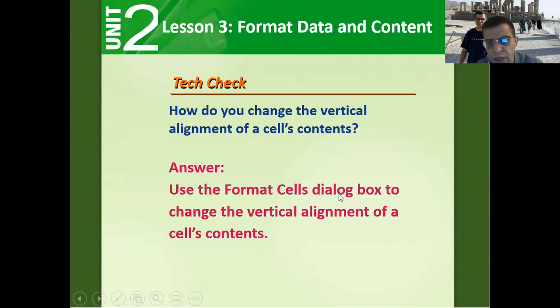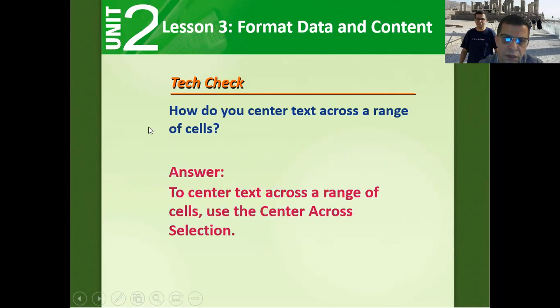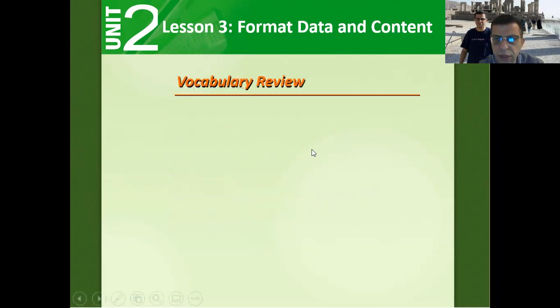Use the format cells dialog box to change the vertical alignment of a cell's contents. Now, how do you center text across the range of cells? You can highlight it and click center, or to center the text across a range of cells, use the center across selection.